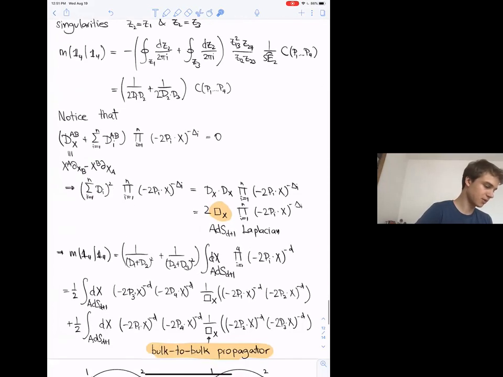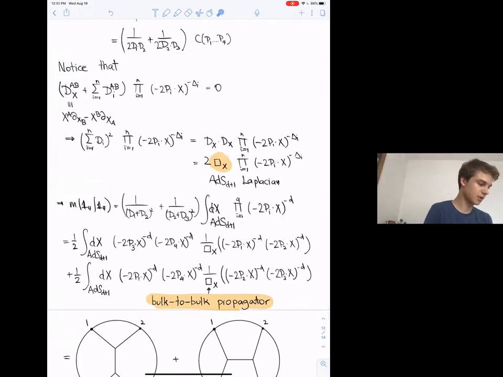Okay, so with that knowledge, you can finish the calculation. The color-ordered correlator is this combination acting on the contact diagram, and using this identity, you can just rewrite this as 1 over the Laplacian acting on 2 of these 4 terms in here.